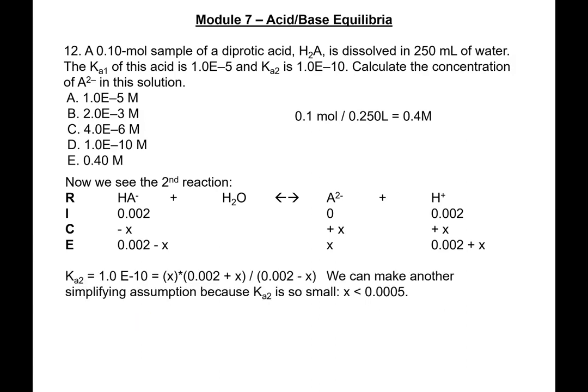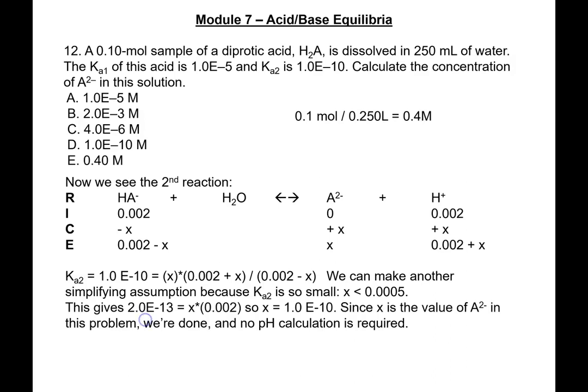So now I have Ka2 is 1 times 10 to the minus 10th is X times 0.002 plus X divided by 0.002 minus X. And I'm going to make another simplifying assumption because Ka2 is pretty darn small. And when I do, I get X is 1 times 10 to the minus 10th. And since that's the value of A2 that I'm looking for, I'm done with this problem. Answer D is correct, and we finished all the problems.